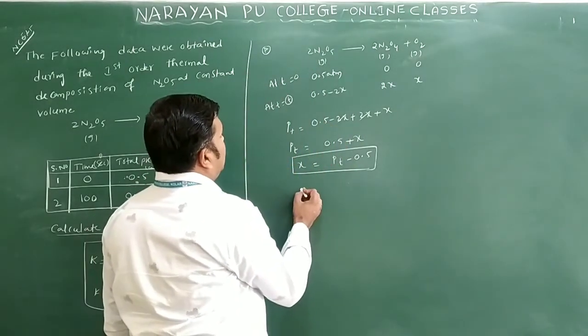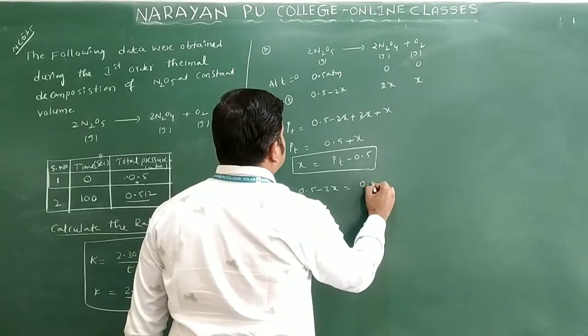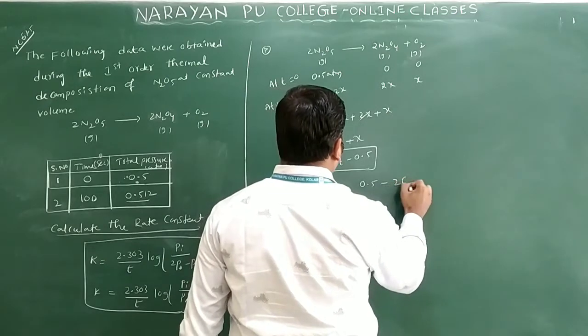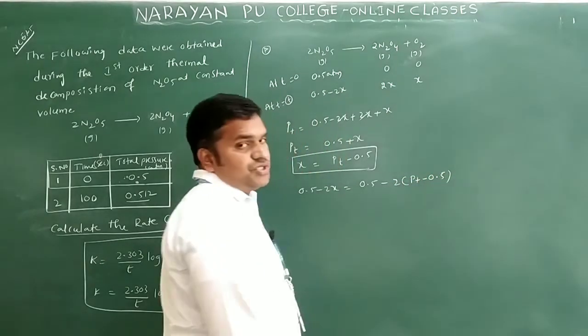Now I want to find 0.5 minus 2x, that is equal to 0.5 minus 2 into x, which is 2 into P total minus 0.5.